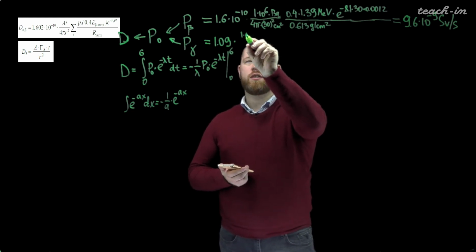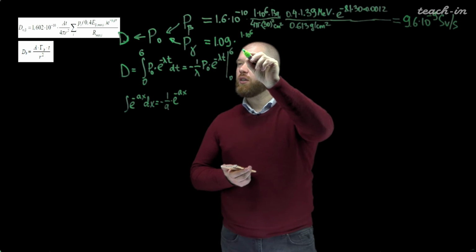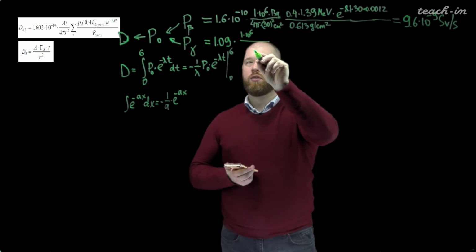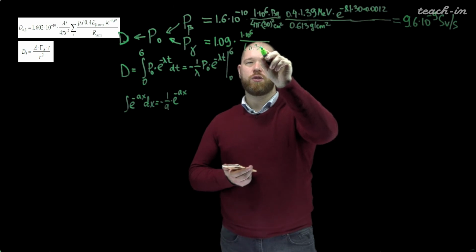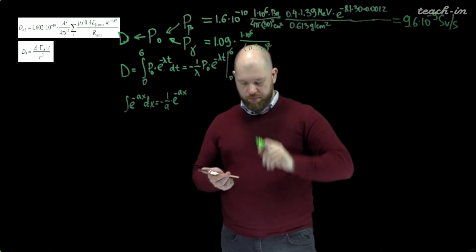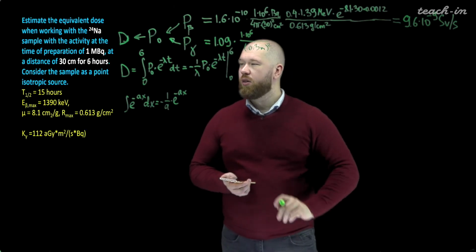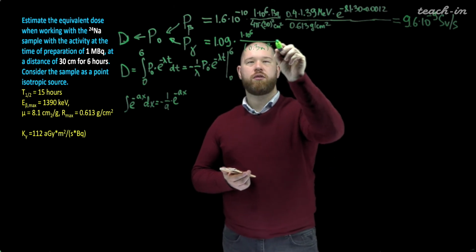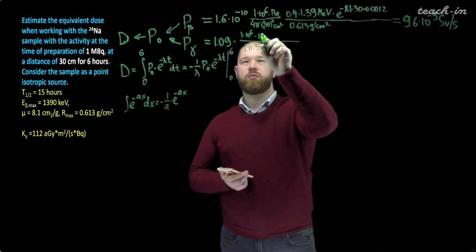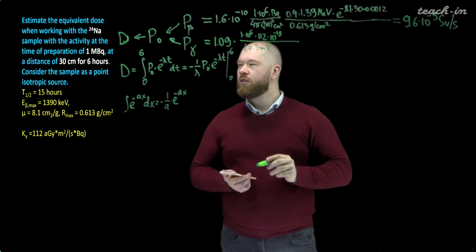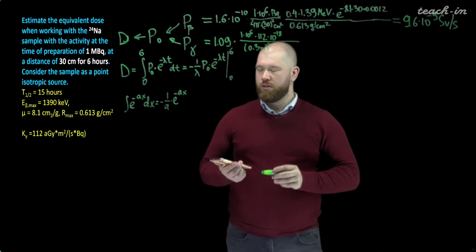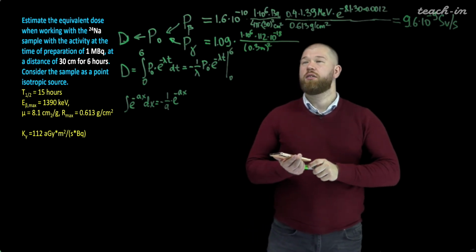Activity is the same, 10 to 6 becquerel, divided by, in this case, we have to convert it to meters, squared meters, because our gamma constant is in atto gray, so 10 to minus 18 per squared meter divided by second and becquerel.